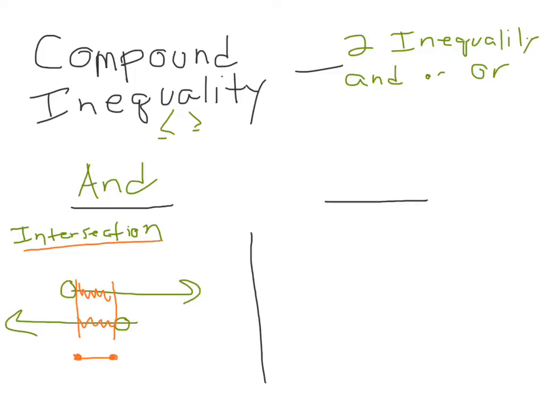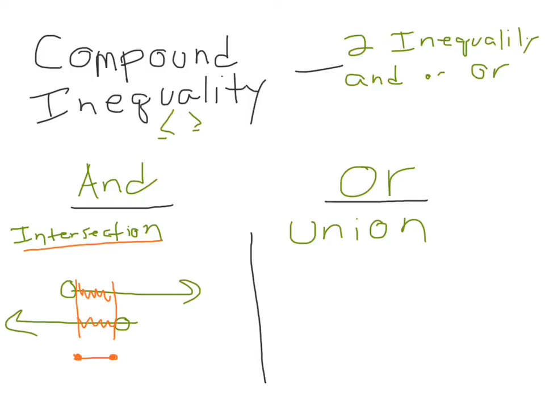An or inequality is a little different. Its solution is called the union. Okay? When people get married, it's called a union. We're bringing them together. We're putting them together. So all we really need to do for an or inequality is include the solutions to both of our inequalities. So anytime you have or, the answer is just all of the solutions that work for either one.